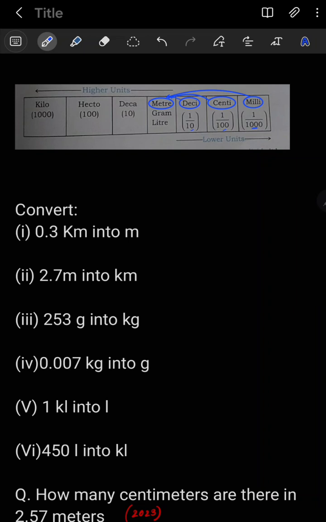So what did we get here? If you want to convert a small unit to a big unit, you have to divide with the respective values 1000, 100 and 10.